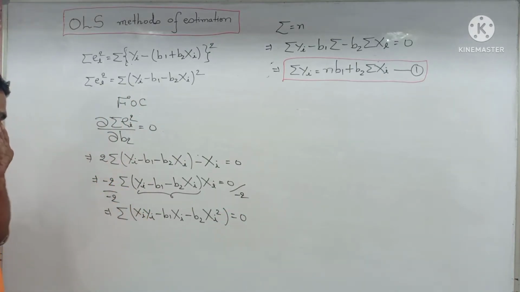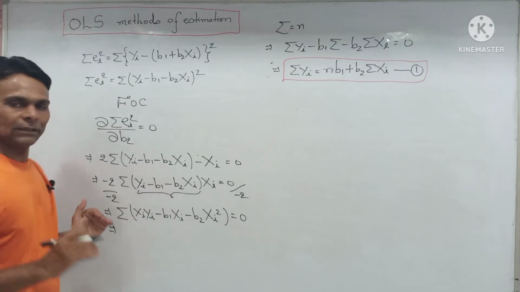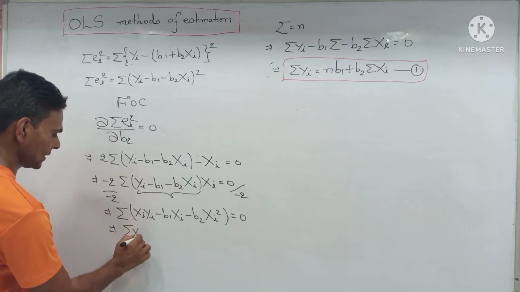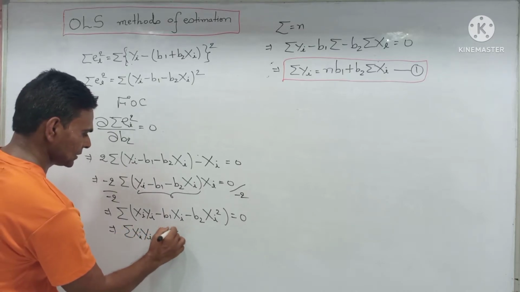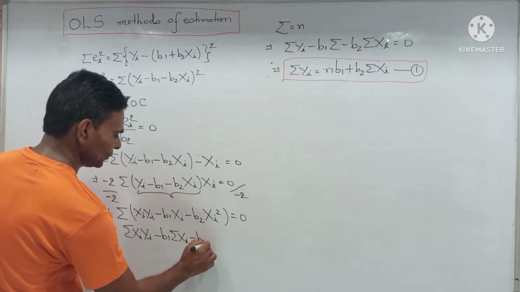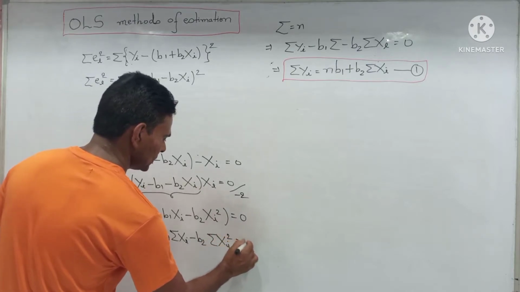Assigning the summation sign to each term: summation of xi yi minus b1 summation of xi minus b2 summation of xi square equal to 0.